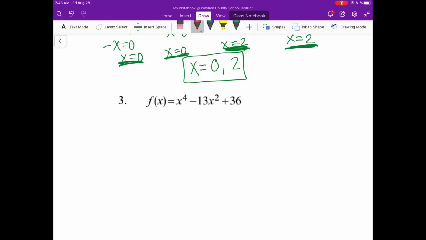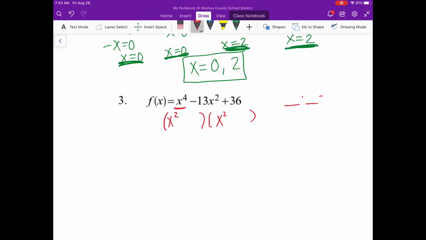All right, number 3. So for number 3, it's a trinomial here, but the first power is x to the 4th. So we have to be careful when we factor that our factors are, instead of just having x, going to have x squared. Okay.